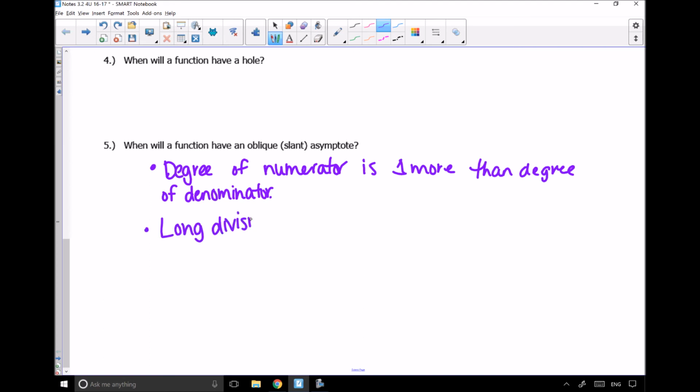When we divide it out, if the degree of the numerator is 1 more than the degree of our denominator, we're going to get a quotient that is a linear factor. If we have a linear factor as our quotient, then we have a linear function as our asymptote, and linear functions we know are slanted lines.